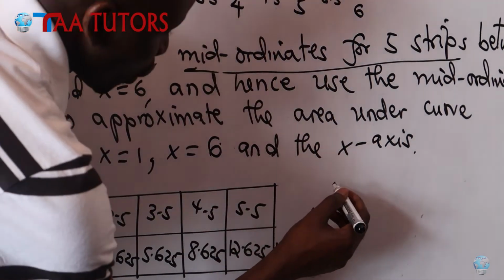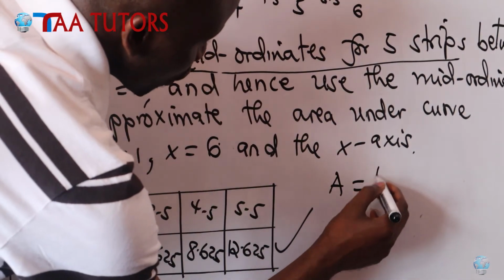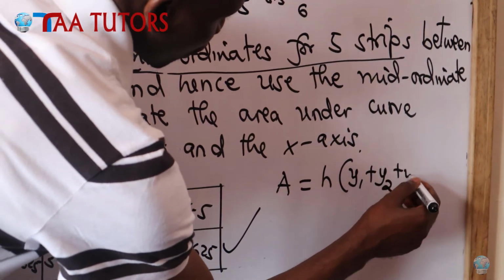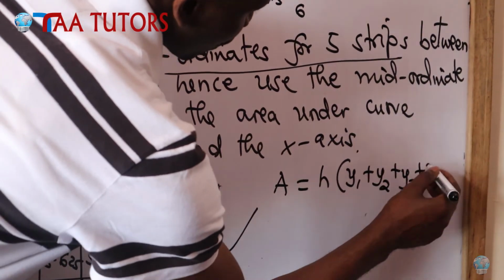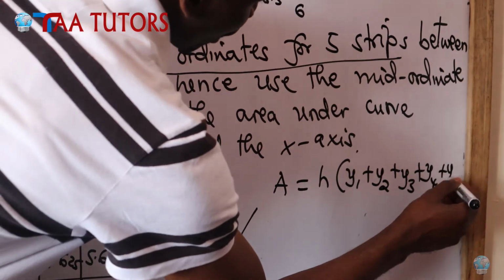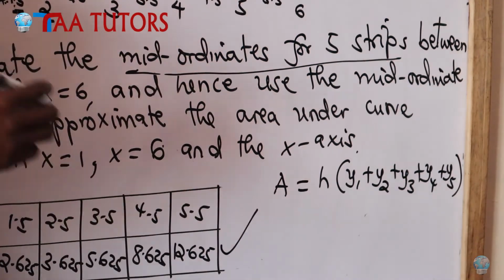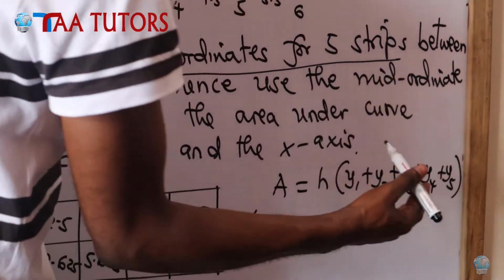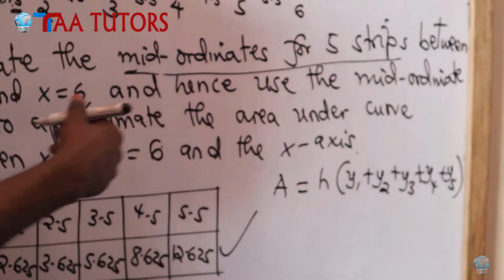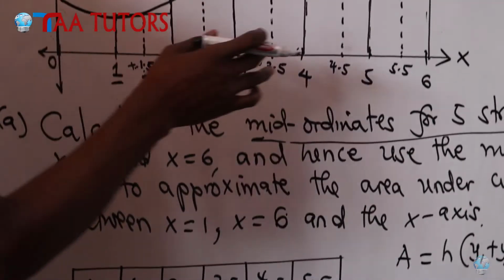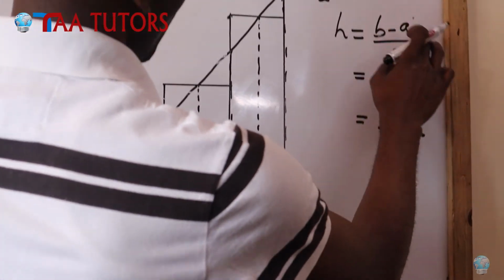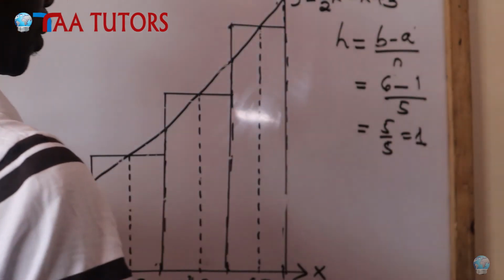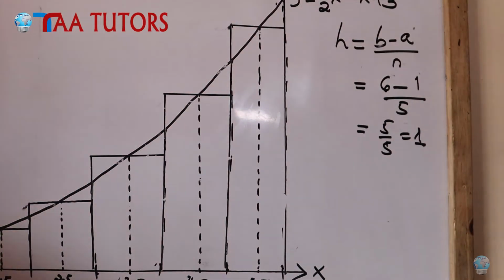And you know the mid-ordinate rule is area equals h into y1 plus y2 plus y3 plus y4 plus y5. The mid-ordinate rule is normally said to be the sum of all the mid-ordinates times the common height. And the common height is h, which is determined by h equals b minus a, where b is the upper limit and a is the lower limit, divided by the number of ordinates or strips.